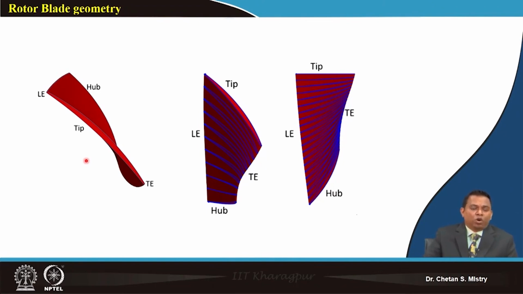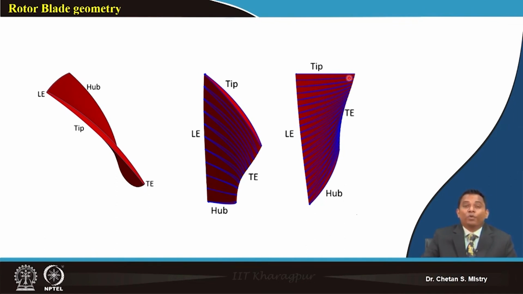Now, based on all the calculation we have done, this is the blade that is coming. Here, this is representing my curve at the hub, and this is at the tip region. In this case, this is my hub region and this is the tip region. And in three-dimensional way, this will be the shape of our blade.